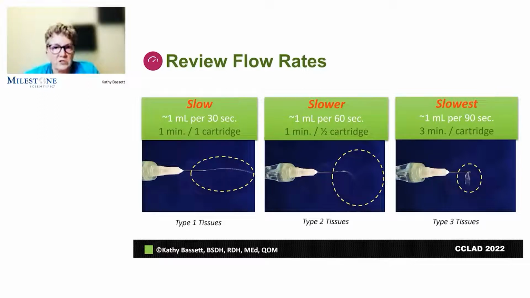For type 2 tissues, those less flexible tissues, it's going to control that flow rate to approximately 1/2 cartridge per minute. And in type 3 tissues, that very resistant tissue like periodontal ligaments, it's going to control that flow to a rate of approximately 3 minutes per cartridge.